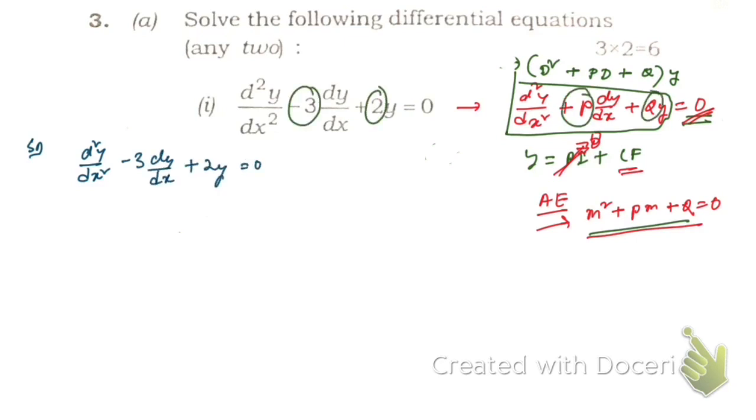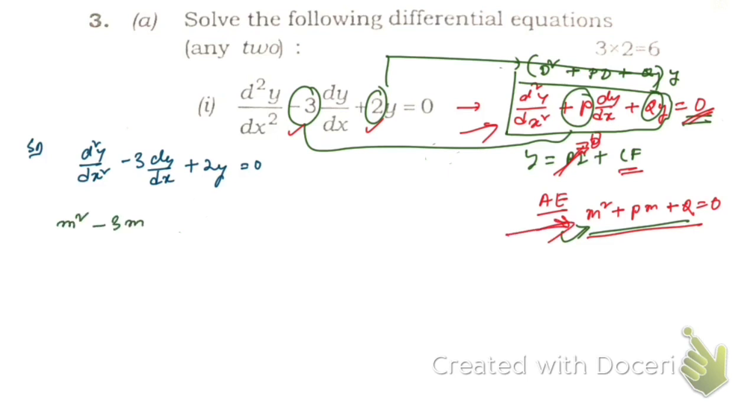Instead of p we have -3, and instead of q we have 2, if you compare with this form. So our auxiliary equation will be m square minus 3m plus 2 equal to 0. This is a quadratic equation, right? You know how to solve a quadratic equation, you have already learned it at school level. So let me solve this.